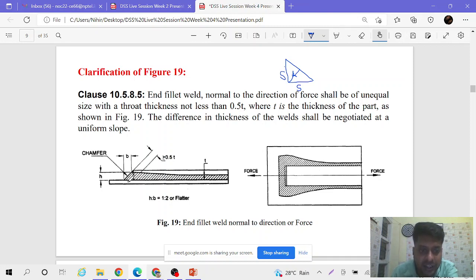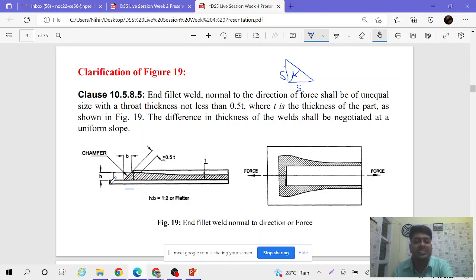From this figure, this length is B and this height is H. The lengths are different, and in what proportion? H is to B equal to 1 is to 2 or flatter, meaning B is equal to 2 times H or even more than that.